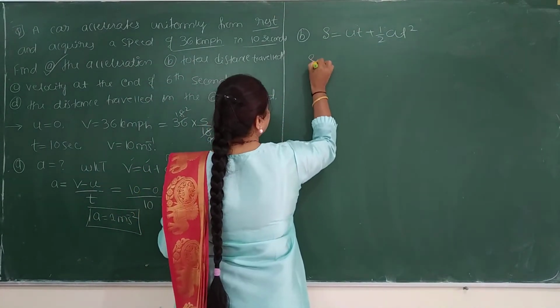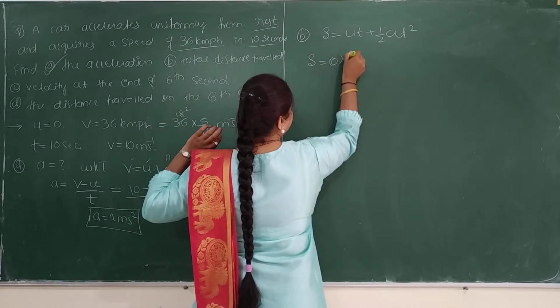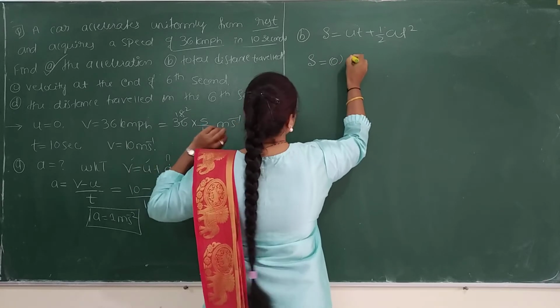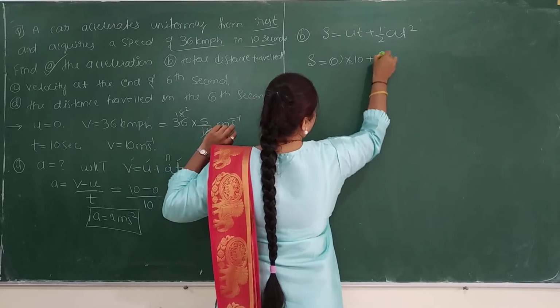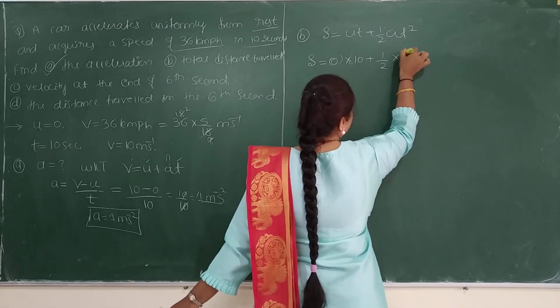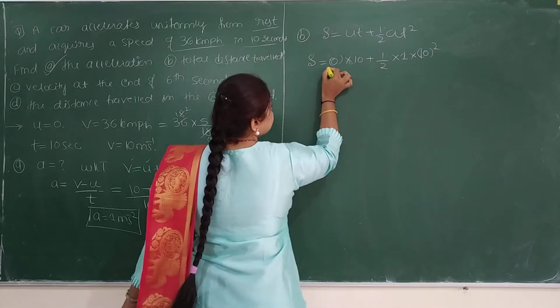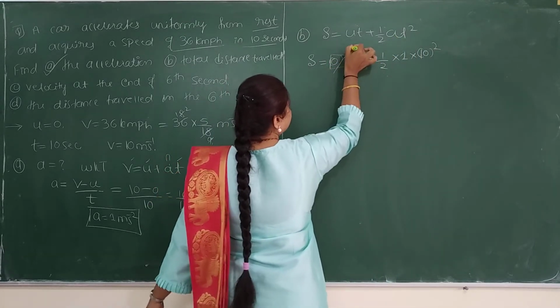What you will get? s equals initial velocity 0 into time 10 seconds, plus half, constant as it is, acceleration 1 meter per second square, and again time will be 10 square. So this term will be 0.